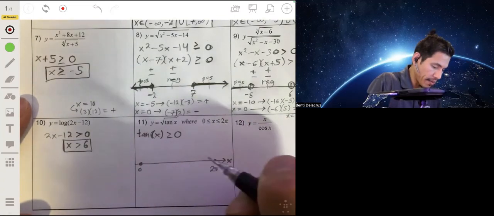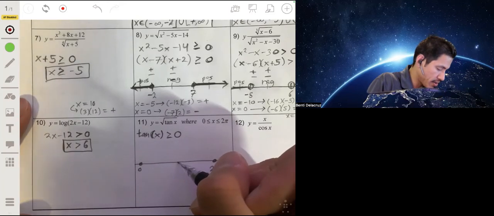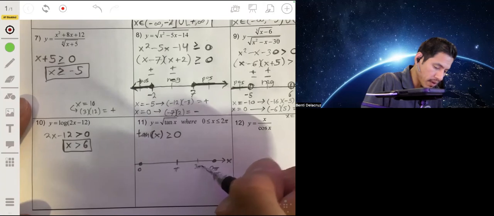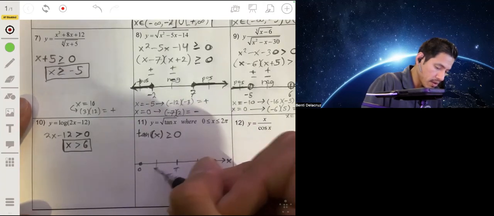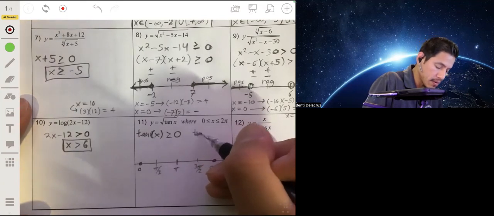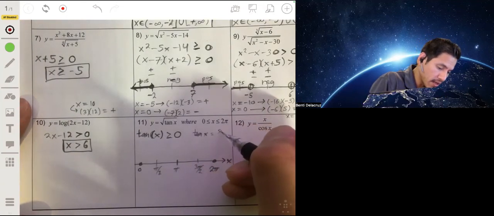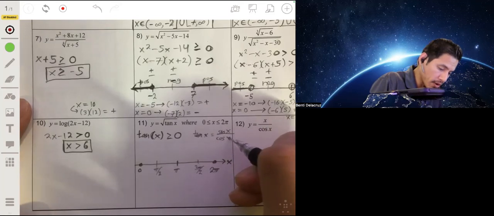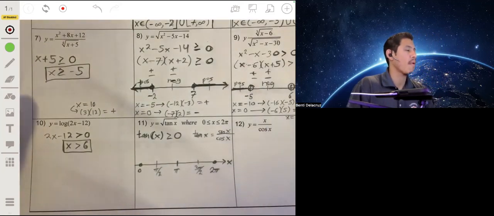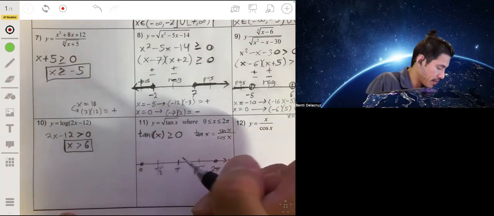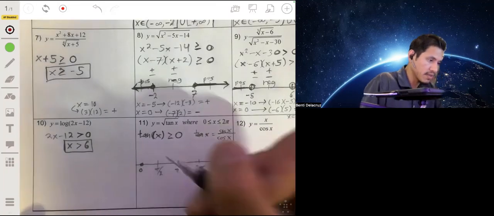Let me mark pi on here, pi in the middle, 3 pi over 2, and pi over 2. Let's remember that the tangent of x is equal to the sine of x over the cosine of x.